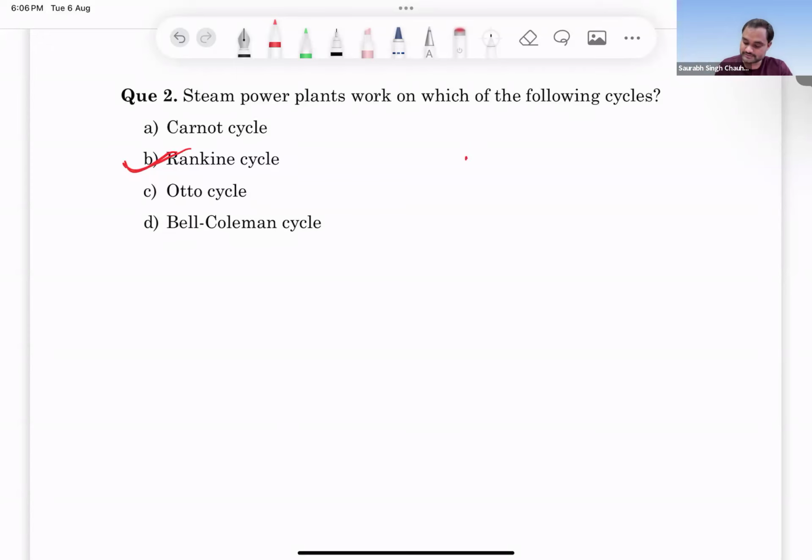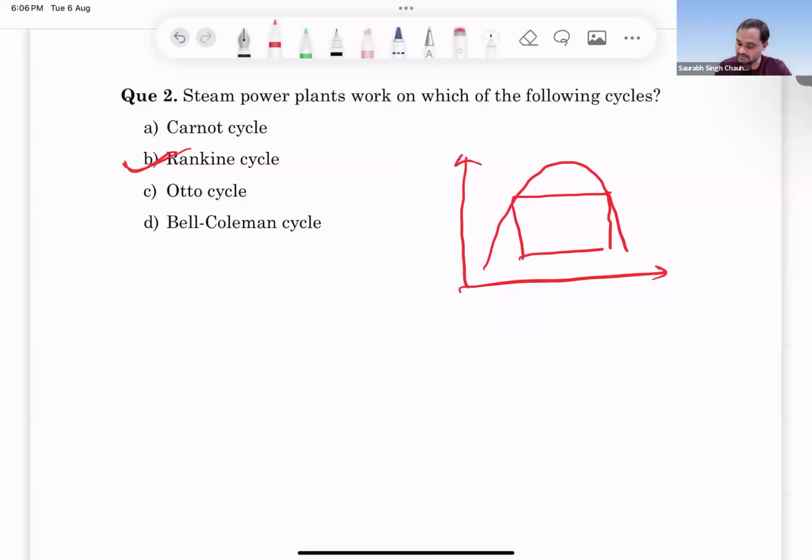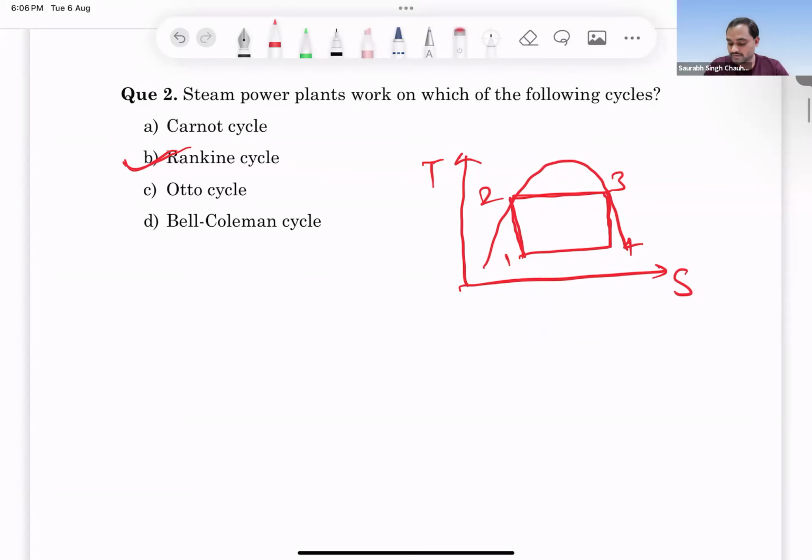Just to give an idea, if we use the Carnot cycle, then in the Carnot cycle there are two isentropic processes and two isothermal processes. Here you can see process 3 to 4, the turbine, is in the dome region. So there is a mixture of steam and water. It is very difficult for a turbine to work with low quality steam. If there are water particles, they can damage the turbine very badly. And from 1 to 2, again you can see it is in the dome region.